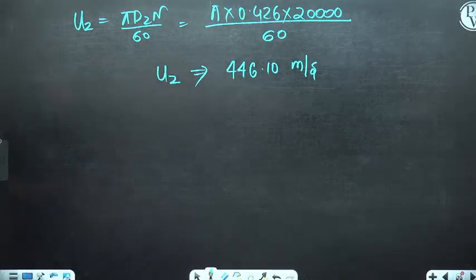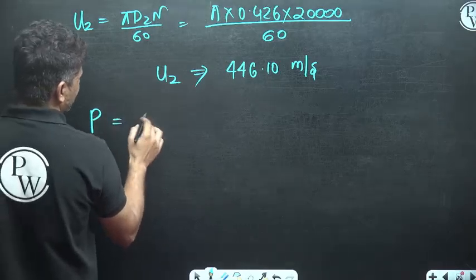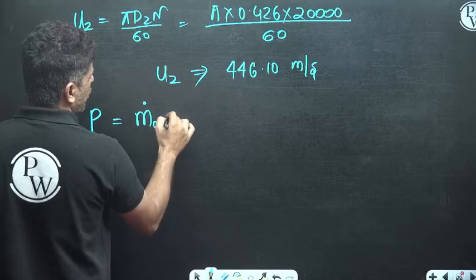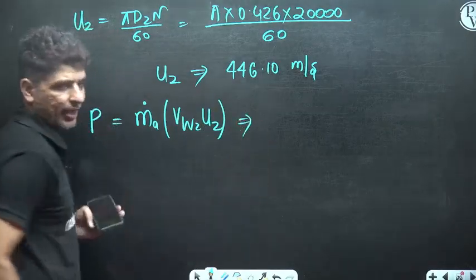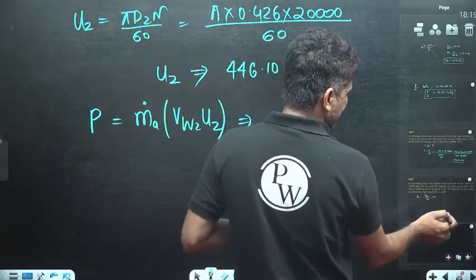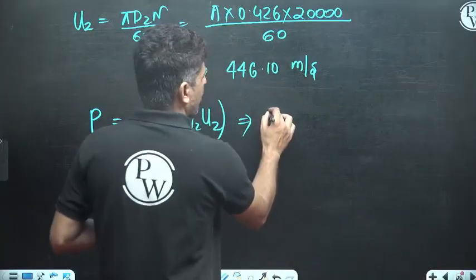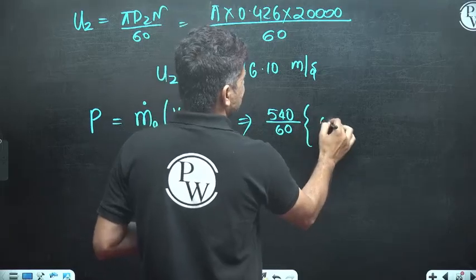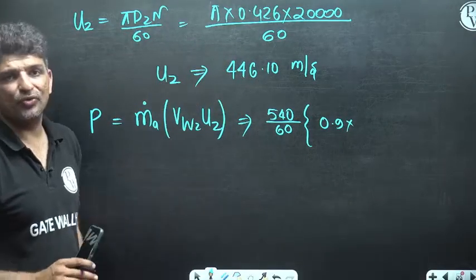Okay, so if this is your U2, you can calculate the power. So the total power will be equal to m dot A multiplied by VW2 U2. Okay, so that will be equal to m dot A, the mass flow rate, which is given as 540 kg per minute. So 540 divided by 60 multiplied by 0.9 multiplied by U2, since VW2 is 0.9 times U2.